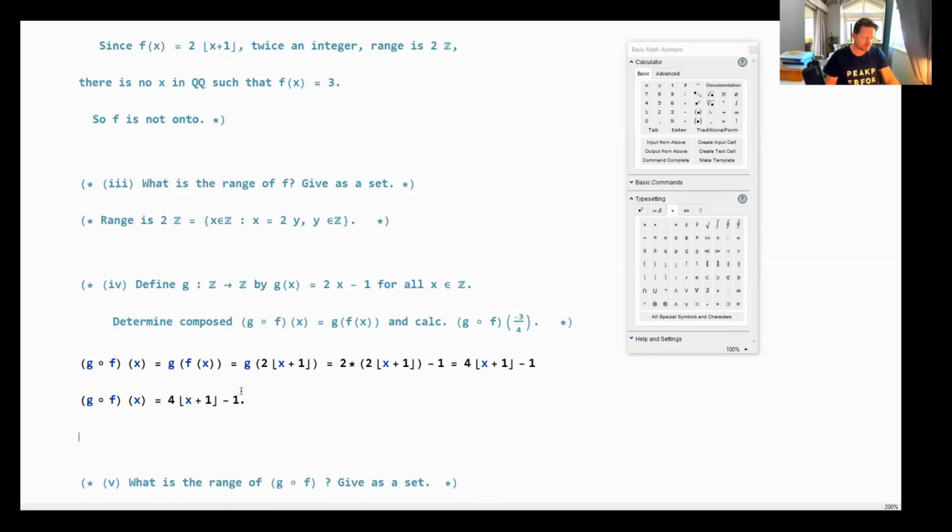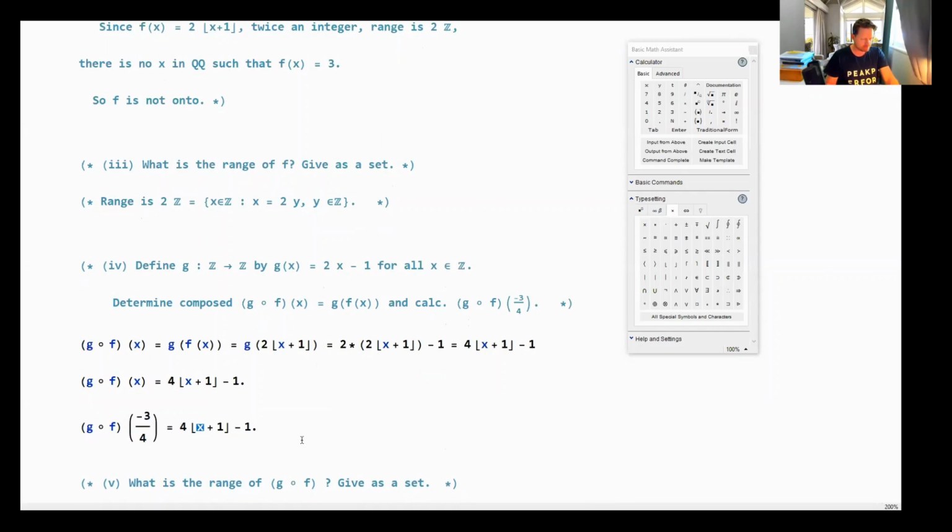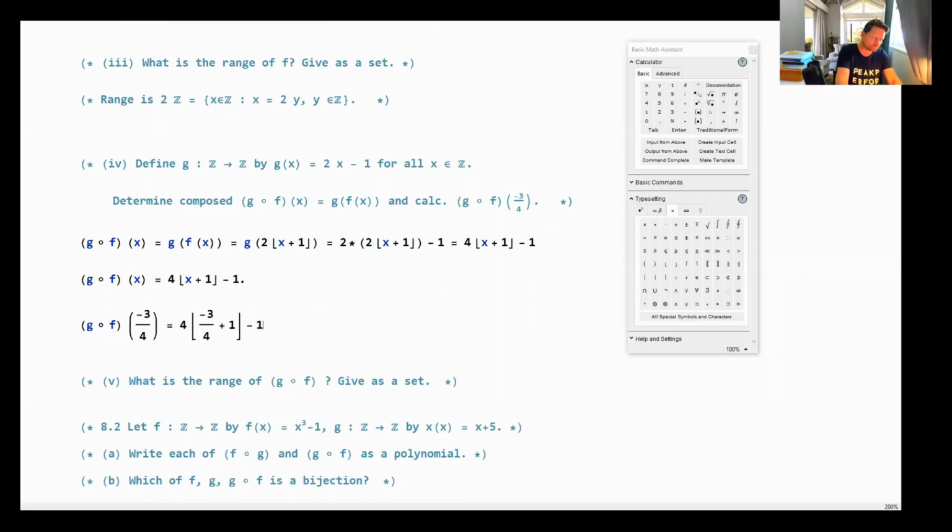So copy this, and then we'll replace the x with minus 3/4. Okay, and now we want to simplify this. So we have 4 times the floor of 1/4, isn't it? 1 minus 3 is 1.